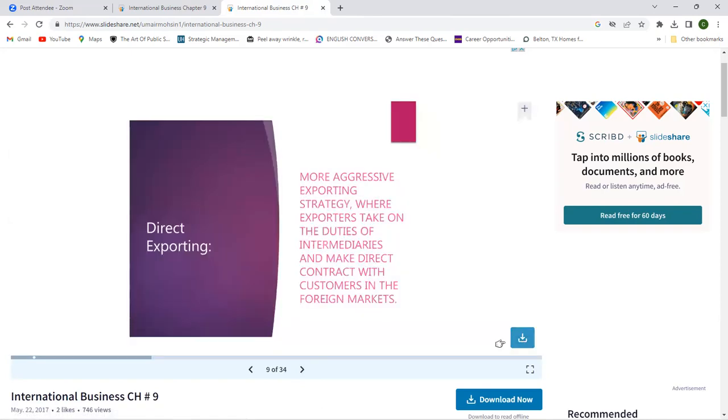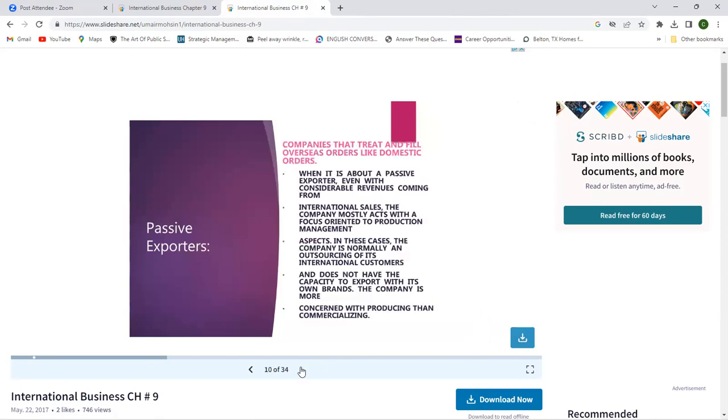We have direct exporting. It is a more aggressive exporting strategy, where exporters take on the duties of intermediaries and make direct contracts with customers in foreign markets. These are companies that treat and fill overseas orders like domestic orders.